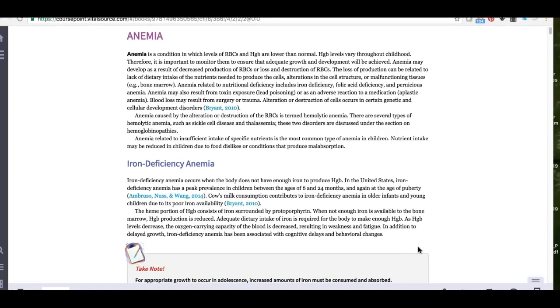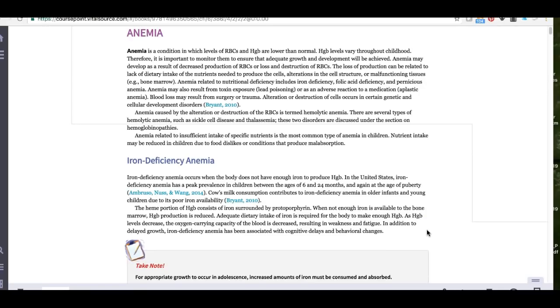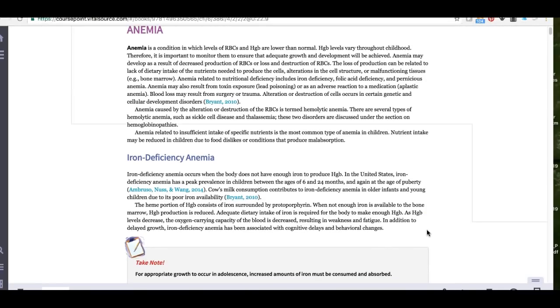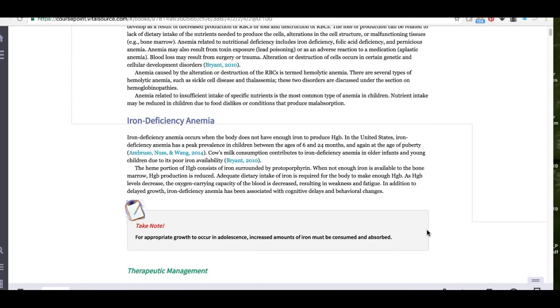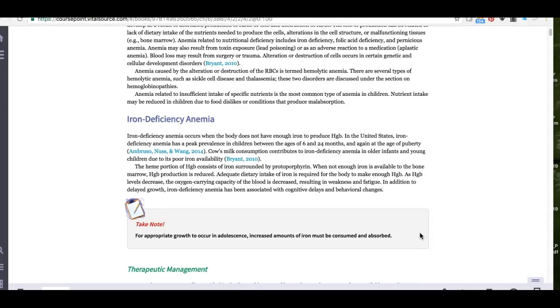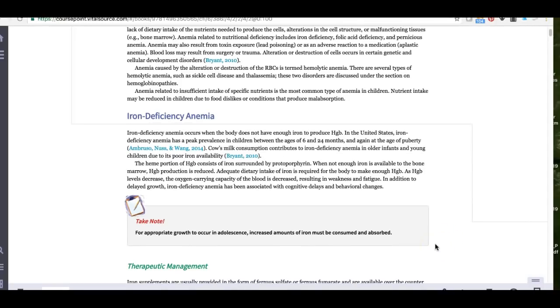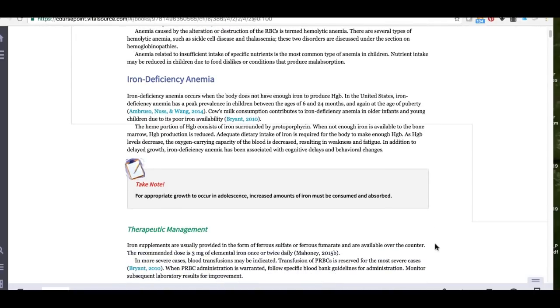Iron deficiency anemia, you see it a lot in infants because of cow's milk. Cow's milk doesn't have a very high iron content, and you can have some little microcytic bleeds in your stomach if you introduce cow's milk too soon, which can further cause loss of blood.